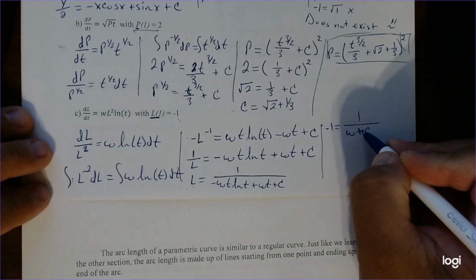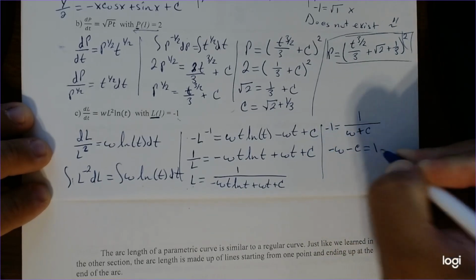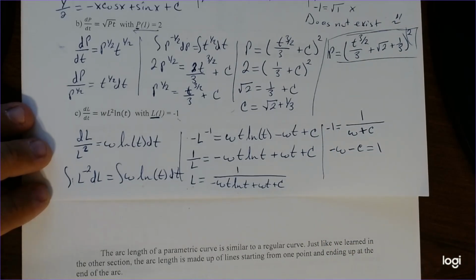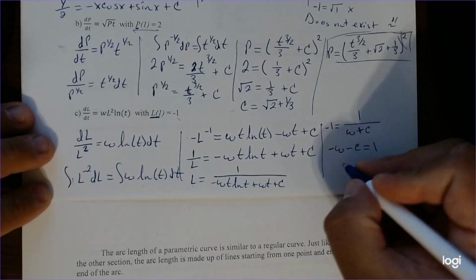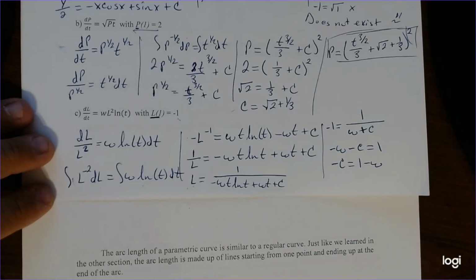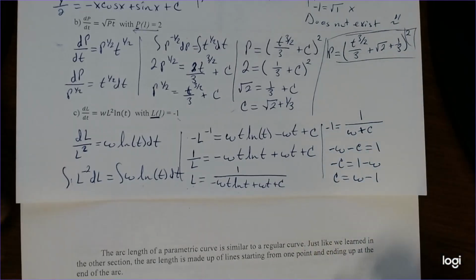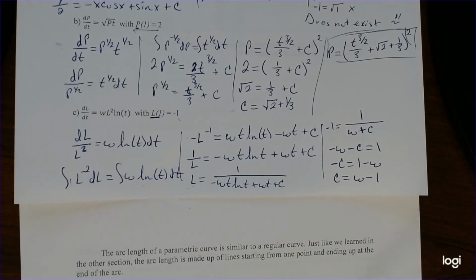All right, so multiplying gives you negative w minus c equals 1. Bring it over. So we get negative c is equal to 1 minus w. So therefore c is equal to w minus 1. And there we go.